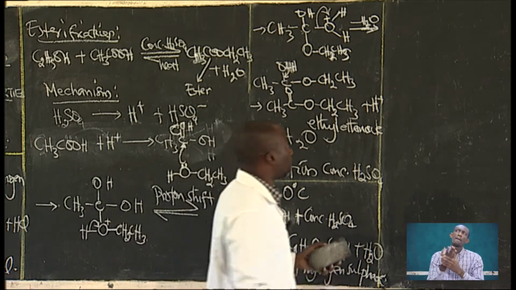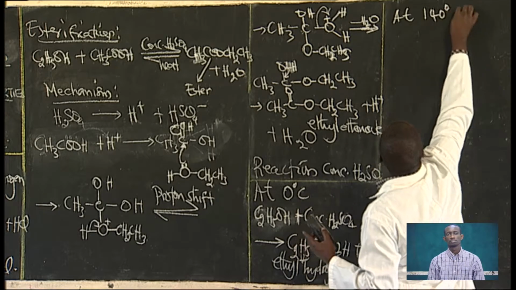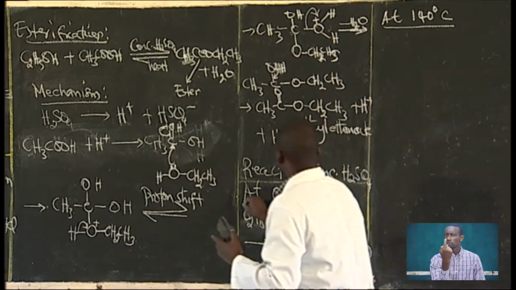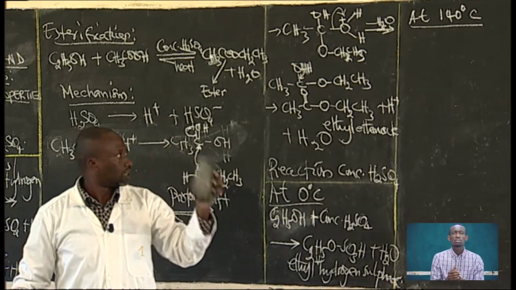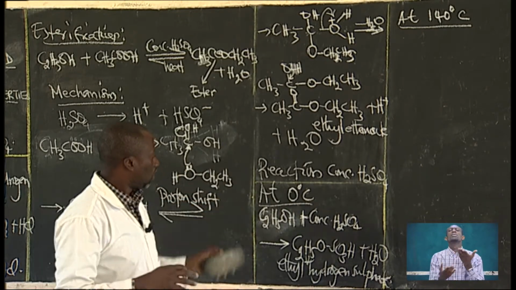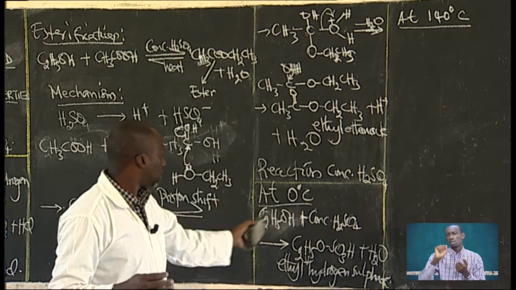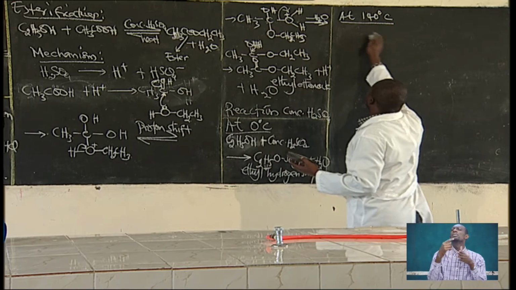Let's look at other conditions. At 140 degrees Celsius, that is the second condition. What happens when this ethanol or any alcohol combines with the concentrated sulfuric acid? This is what happens.